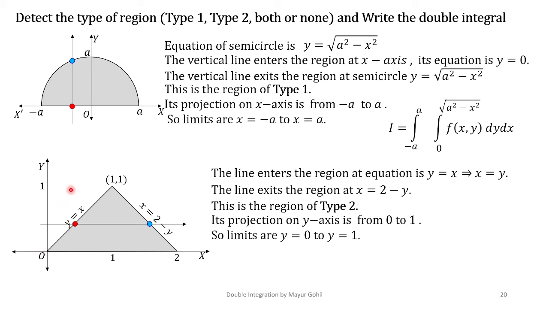Now let us see how it is from 0 to 1. Can you see that the intersection point given to us is (1, 1) over here? That's the apex of this mountain-like figure in front of us, the triangle. So it's the maximum point for this triangle, and when I take a shadow of this entire region on the y-axis, it will at maximum go from the origin to 1.